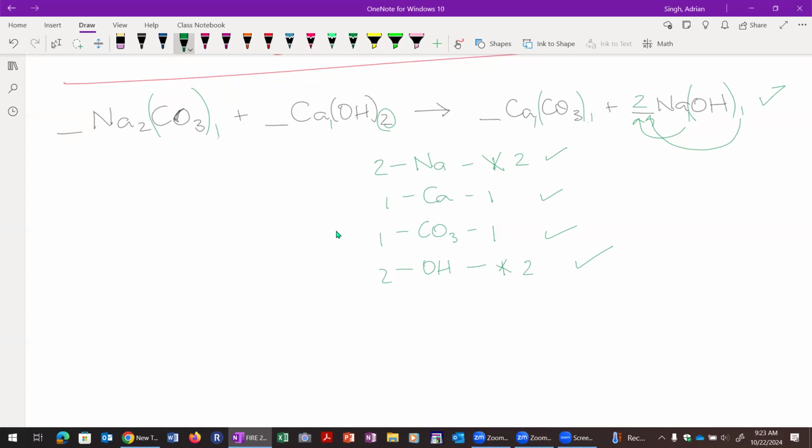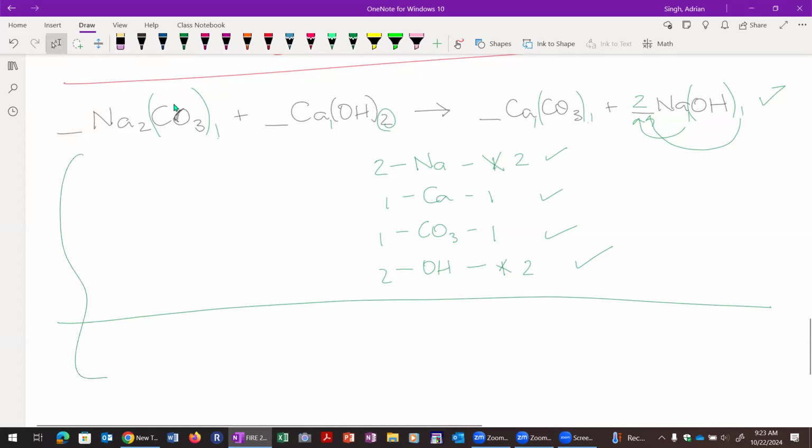All right, so again, make use of this as well when you balance your equations that do have polyatomic ions. So the strategy here is try to balance your polyatomic ions as groups, right?